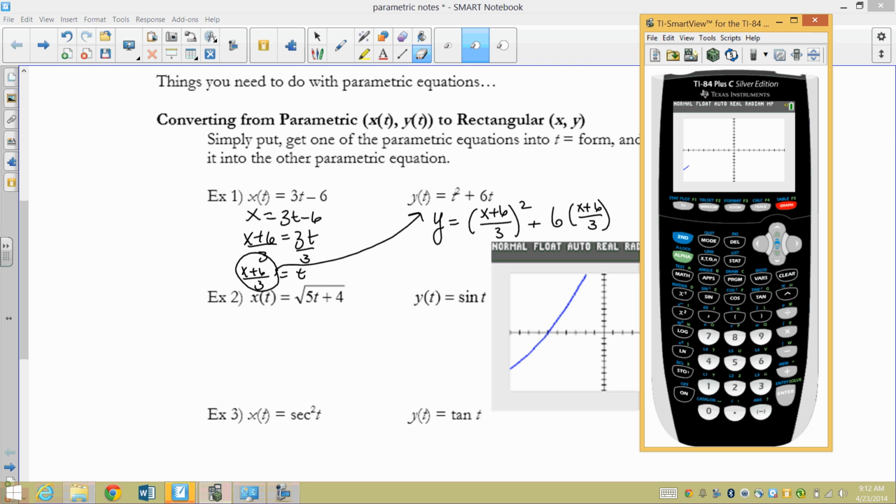If I graph this on the same window, and I look at the one that I graphed in parametric mode and the one that I graphed in rectangular, they're exactly the same.